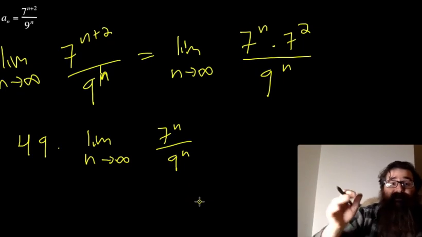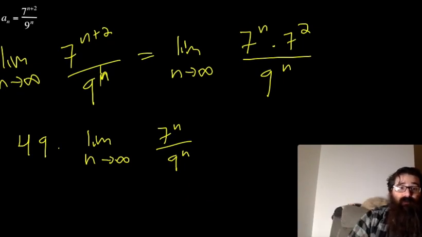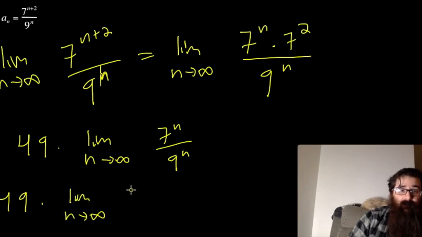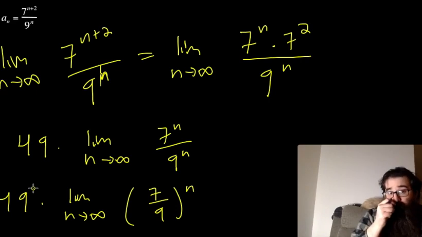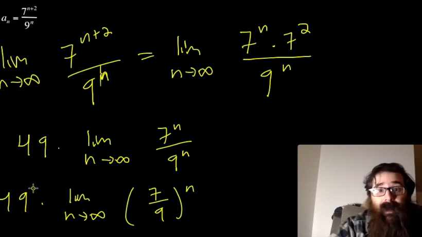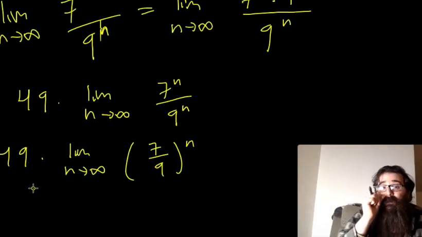And now that I have the same exponents, I can actually group that. I could say 49 times the limit as n goes to infinity of 7 divided by 9, all to the power of n. And now, I do have this coefficient. I don't want to ignore it, but it's not what I'm looking at right now. I'm looking at my r to the n.